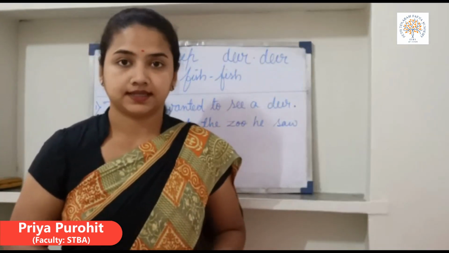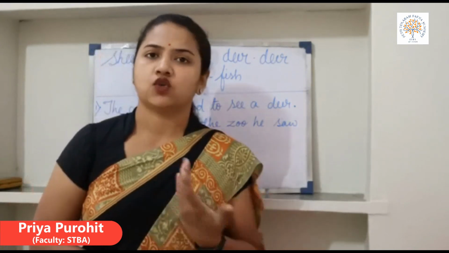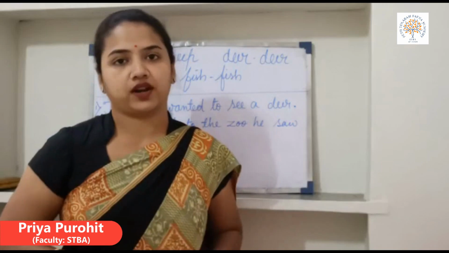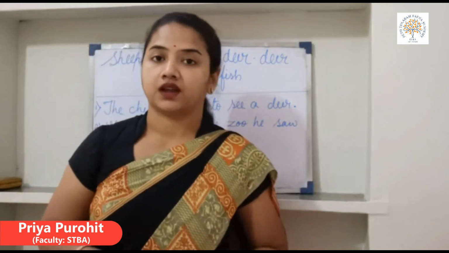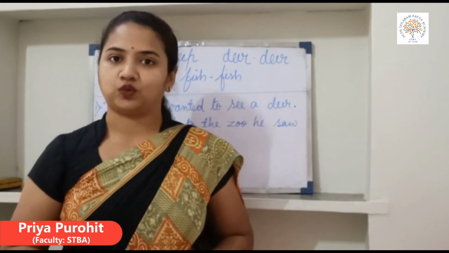Now next, there are some nouns which do not change in their plural form. For example, sheep, sheep, deer, deer, fish, fish. So you can see here that there is no change from singular to plural form. Now we have to understand it through sentences also.